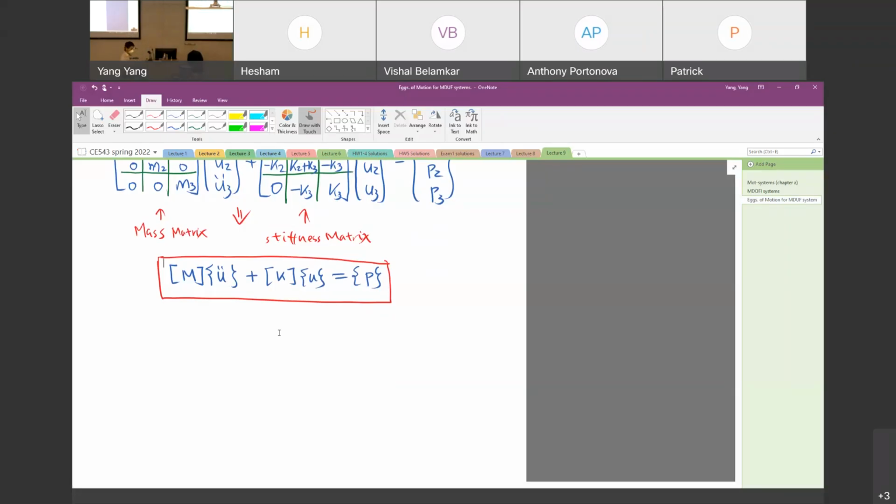So now let's look at another case where we have a dynamic foundation issue. Another system here.